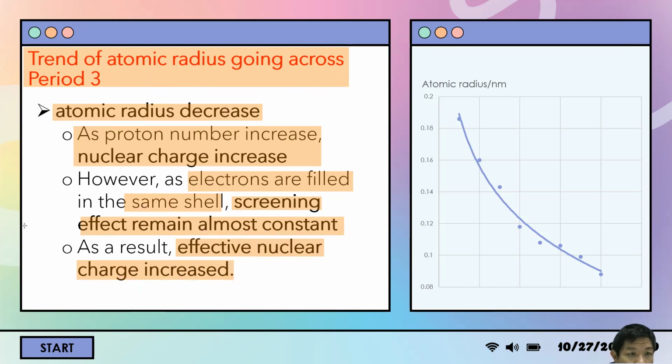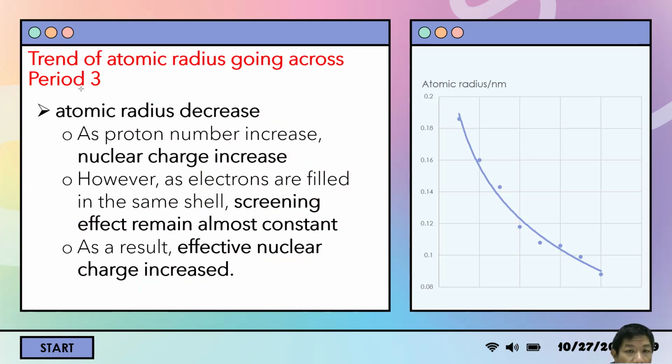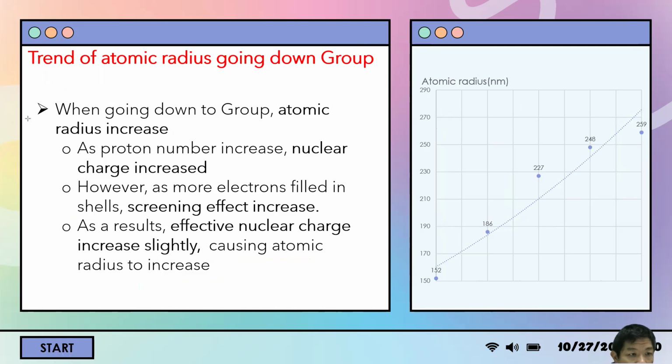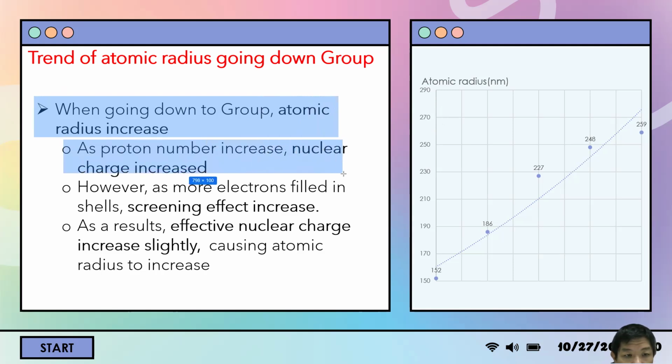So what about the trend of the atomic radius when going down a group? No matter which group we are talking about, when going down any group, atomic radius increases. This is exemplified by, I think, group 1. Why? As the proton number increases, the nuclear charge increases.